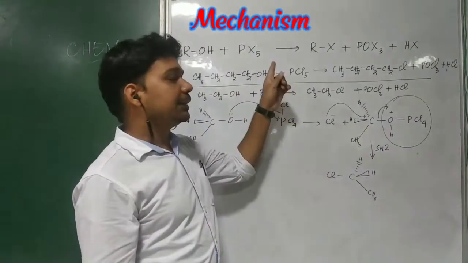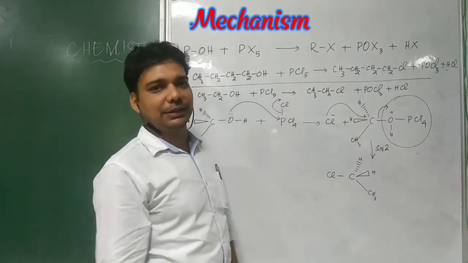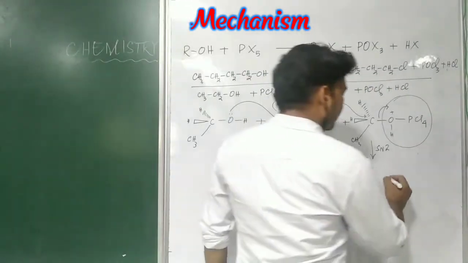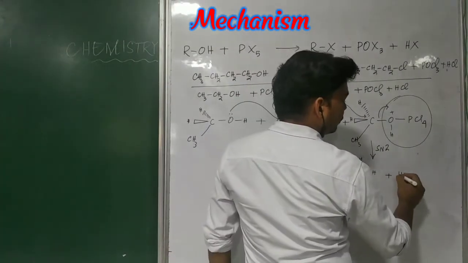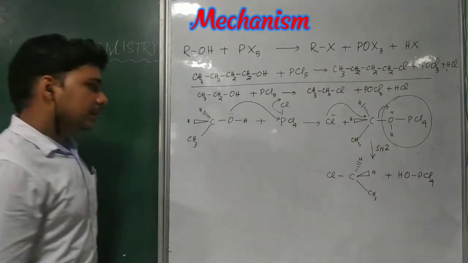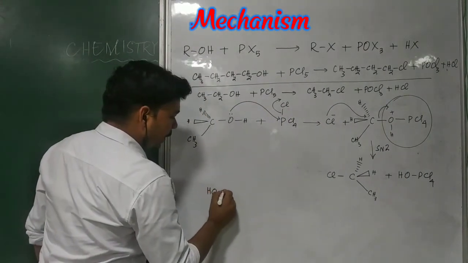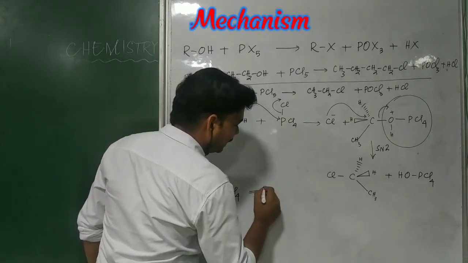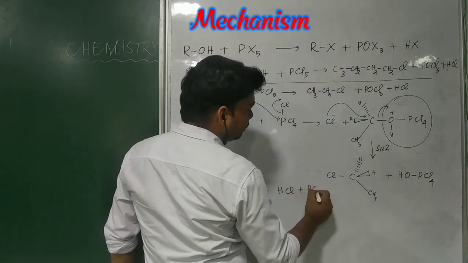Okay. During the use of phosphorus trihalides, PCl3, PBr3 or PI3, the inversion in configuration is observed. The side product formed here, this is your leaving group, HOPCl4, is quite unstable and readily dissociates into HCl plus POCl3.